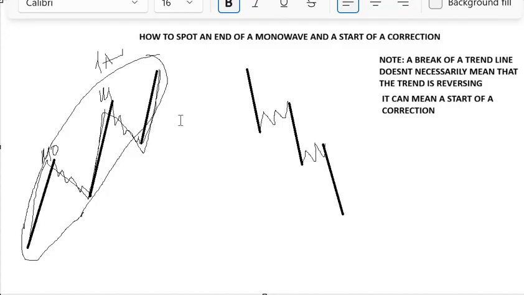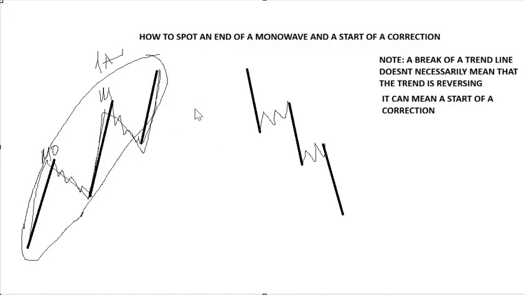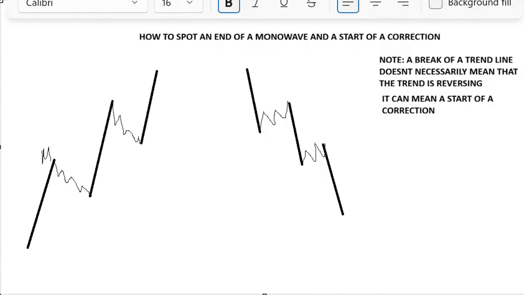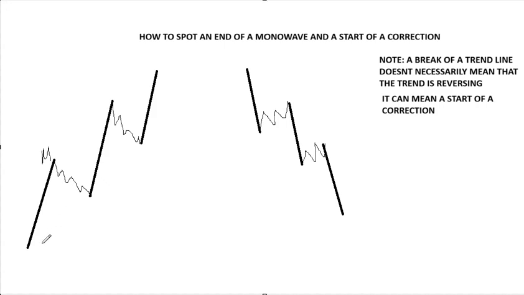So understanding this, I'll just clear this. So understanding that for a trend line to make sense, we're supposed to take at least two impulses to identify the trend. So we are going to draw from here up to here. Once another impulse happens and a correction and another impulse, we're going to now go from here to here.